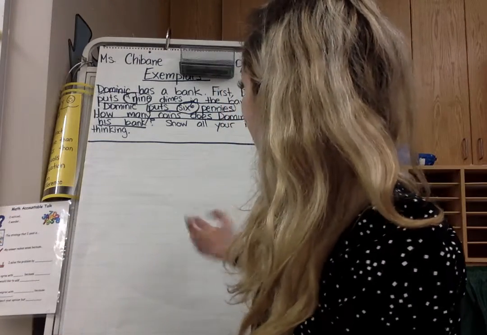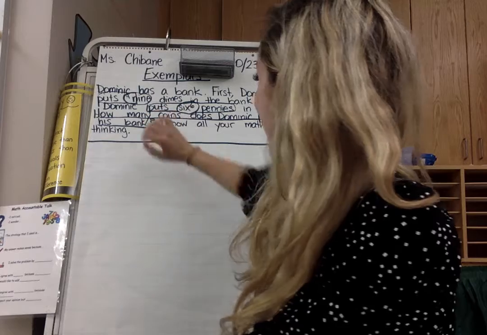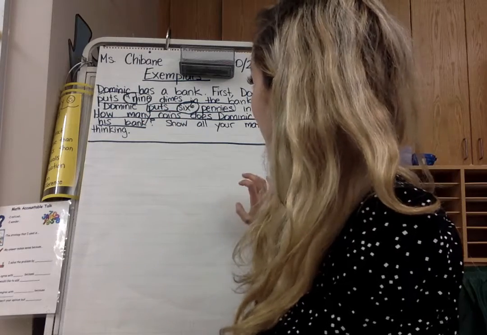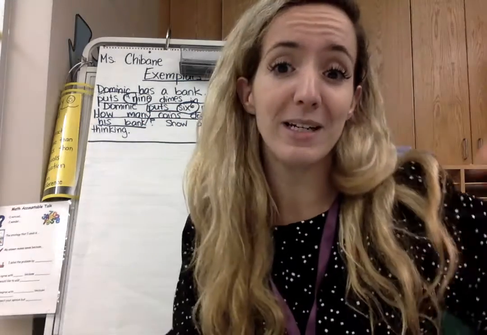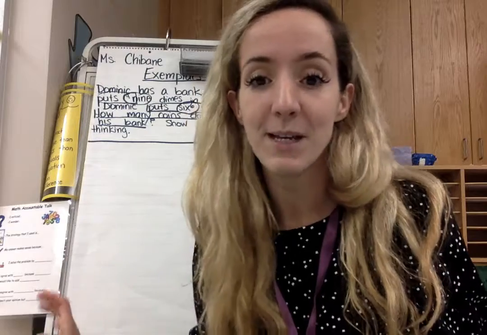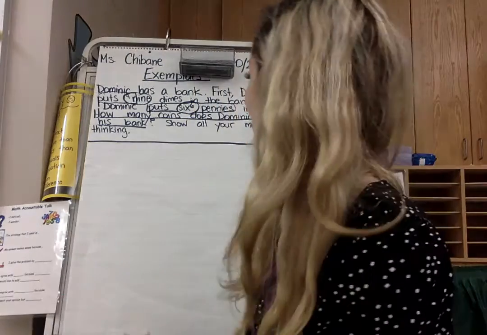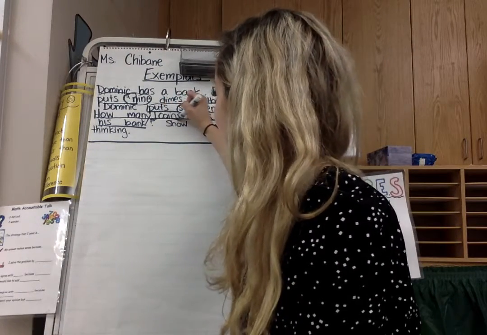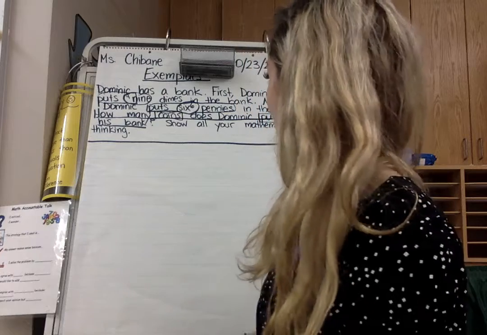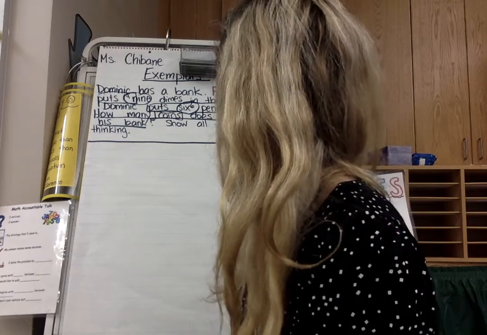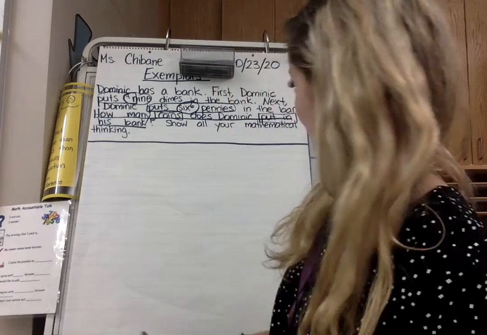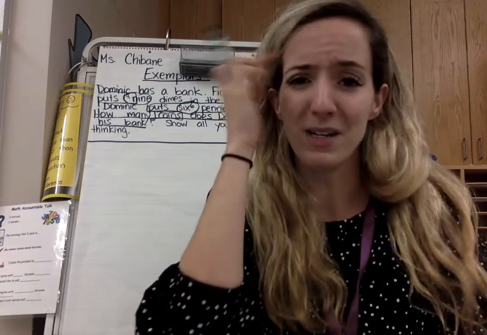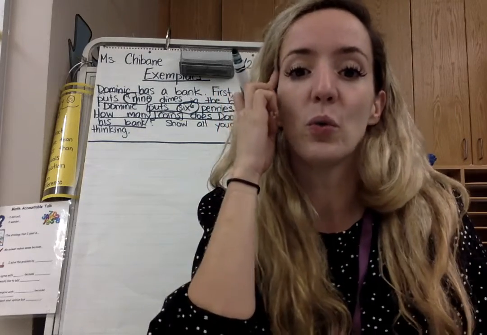So I'm noticing that they want to know how many coins he put in, right? Coins. They didn't ask how many pennies or how many dimes. Doesn't matter. They just want to know in general. You know what? I should probably box that too. How many did he put in the bank, right? All together. That lets me know that I need to add.